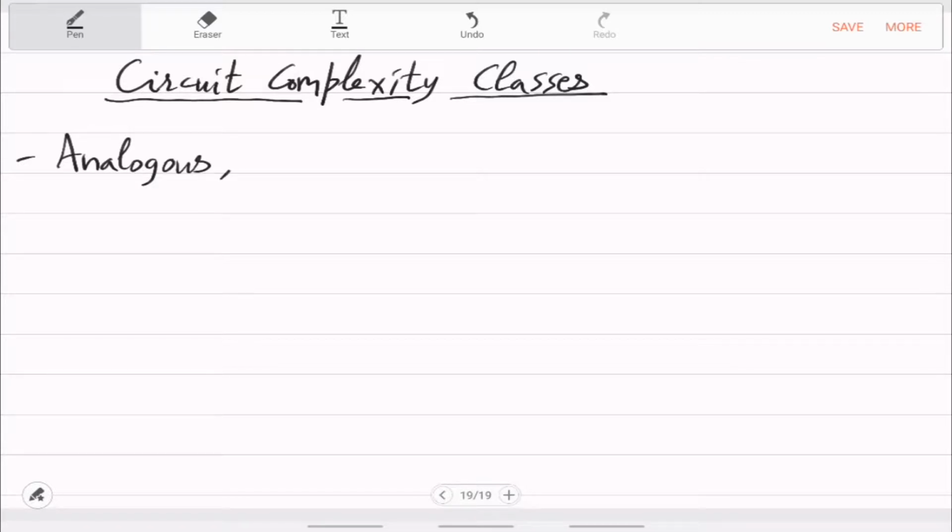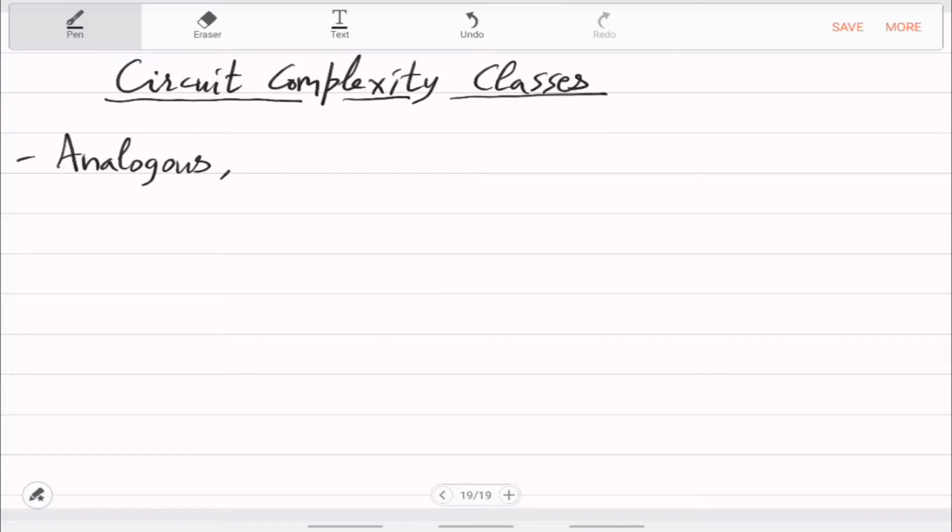So what is the complexity class that is analogous to polynomial time, efficient computation? Remember there we said the Turing machine should take polynomial time. Here we could say that the circuit family is polynomial size.